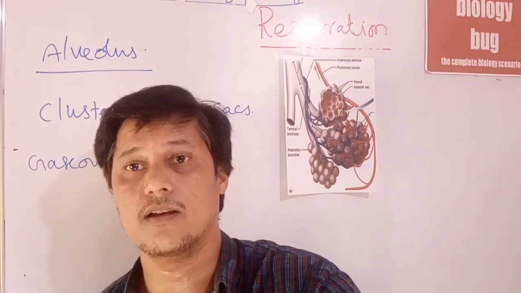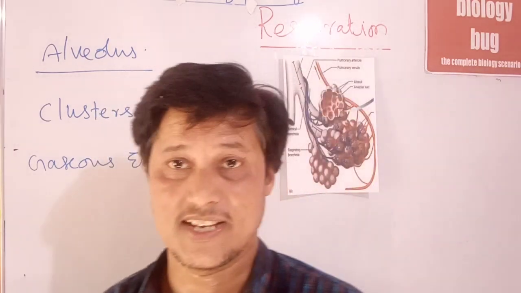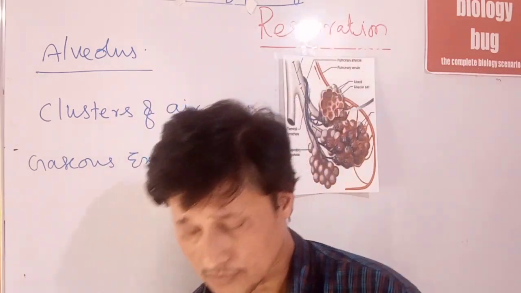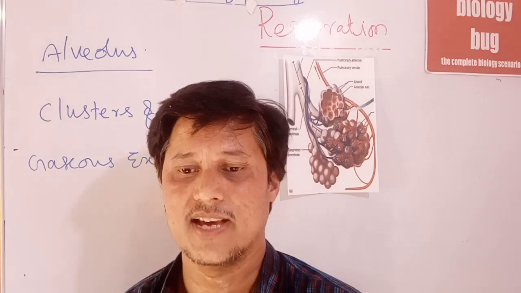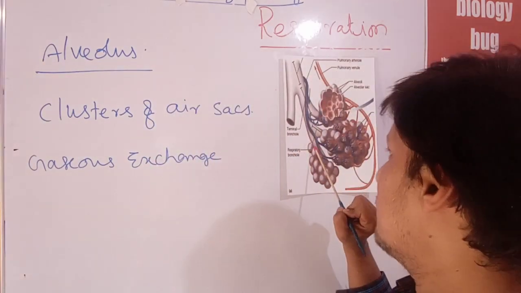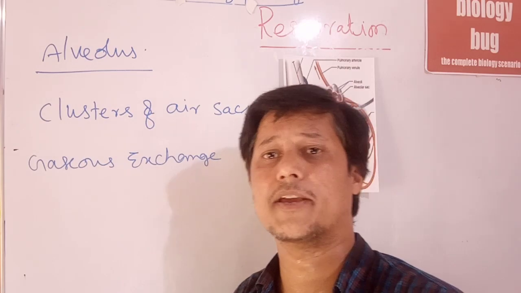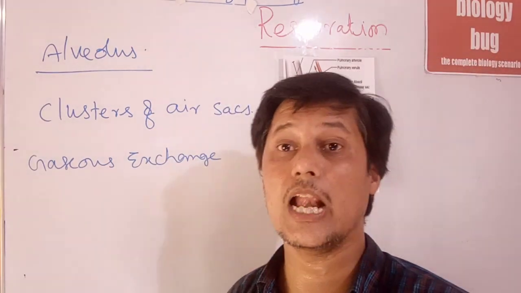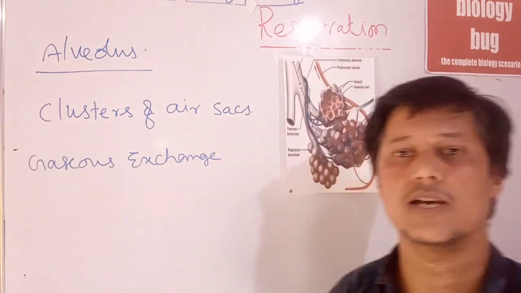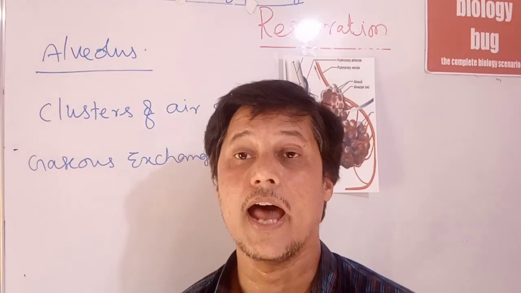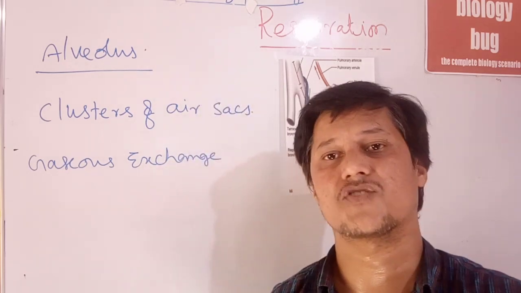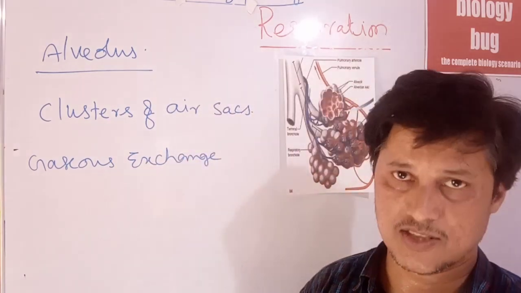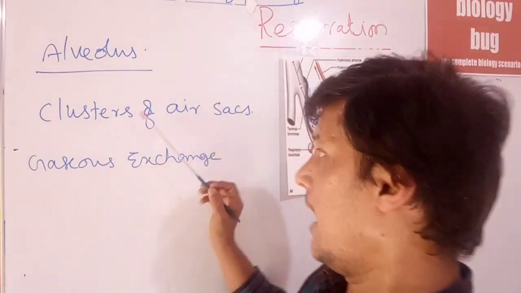We will discuss in gas exchange what the structure of the alveolus is and how it is useful to exchange gases. At the end of the bronchioles, there are tiny clusters of air sacs called alveoli. They are innumerable and uncountable in number.